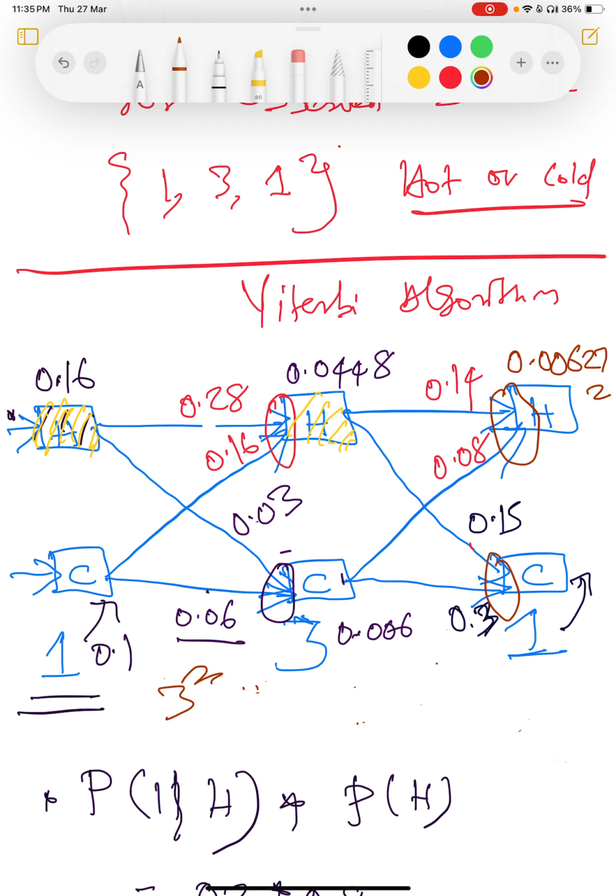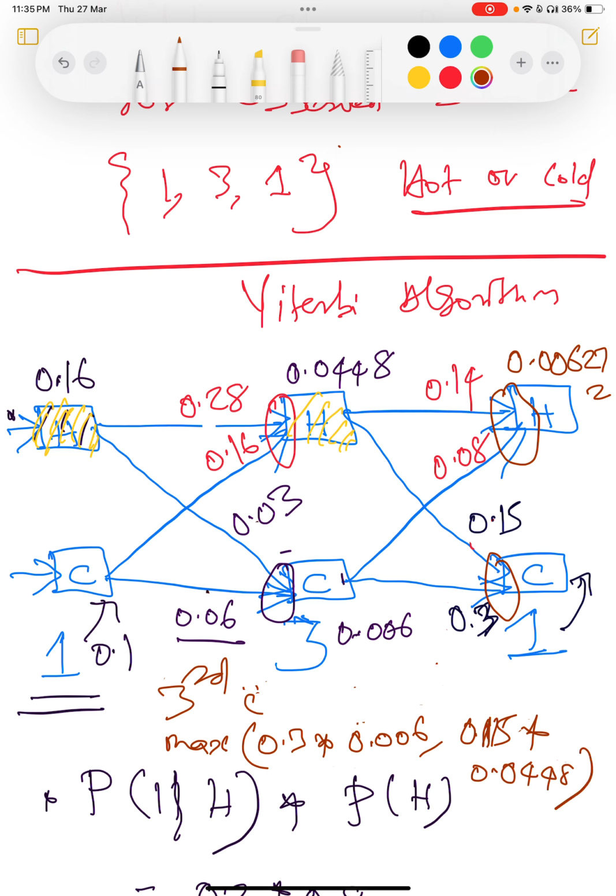Similarly, we have to find for the third day C, which should be the max of 0.3 into 0.006, comma 0.15 into 0.0448. 0.15 into 0.0448 is 0.00672. And 0.3 into 0.006 is 0.0018.